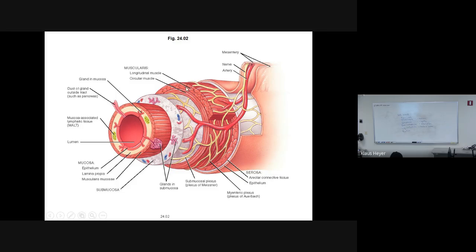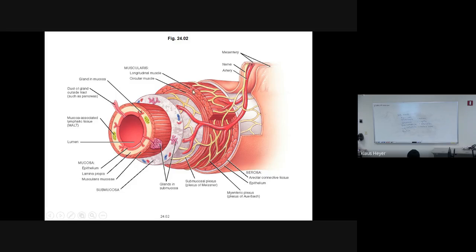Check out that third layer, there's muscle here. So you got two things that the nerves are hooked up to. They're hooked up to this muscle and they're hooked up to these glands. This third layer is called the muscularis. Your whole GI tract, your esophagus, stomach, all that stuff has layers of muscle, at least two.